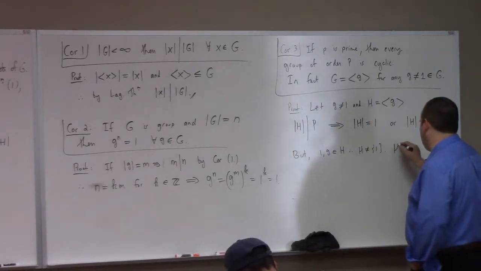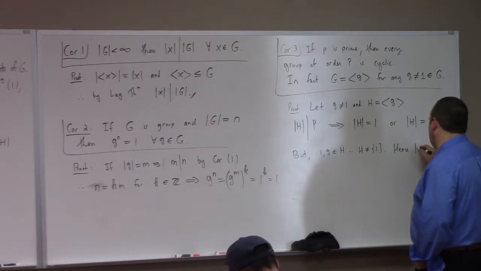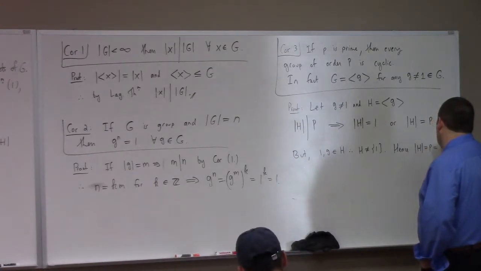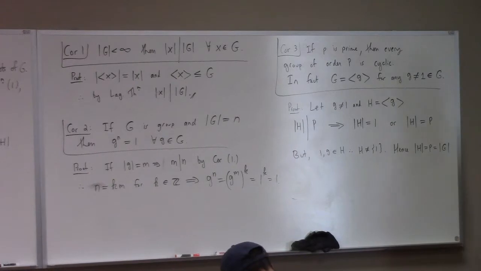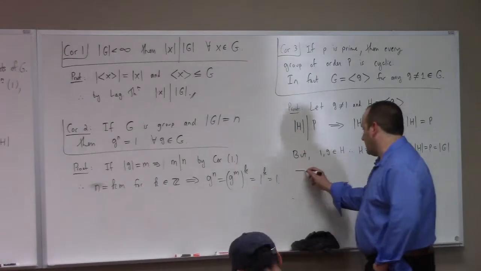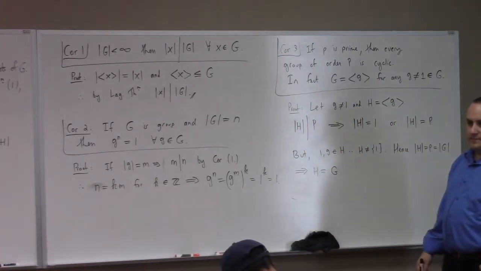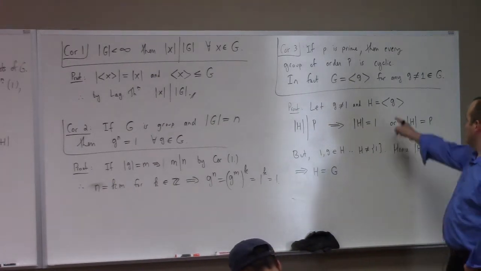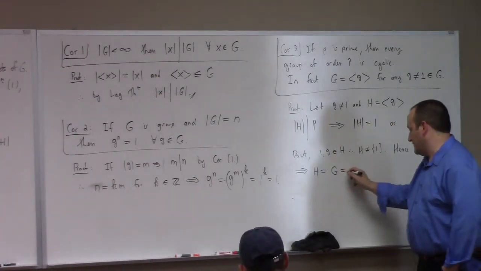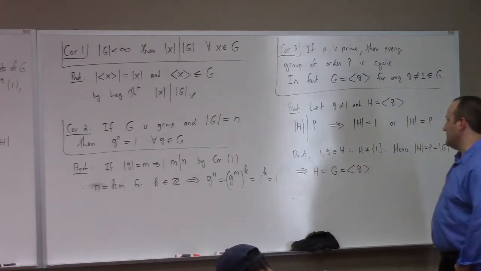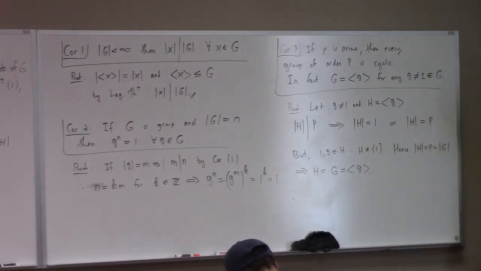Hence, the order of H is equal to p, which is equal to the order of G. So by the usual finite set theory, H must be G. But that means that G is generated by g. But the g we picked was an arbitrary non-identity element, so that shows that any non-identity element generates the group.